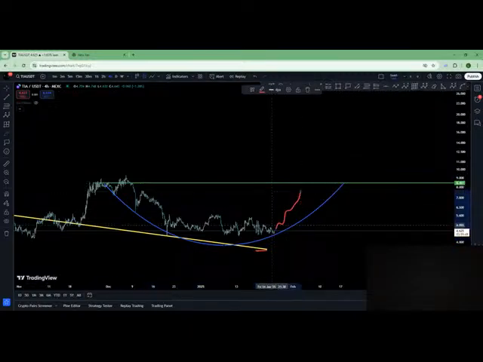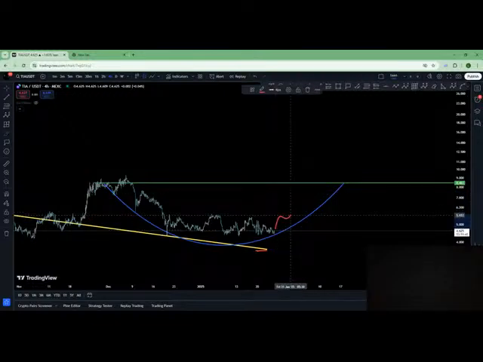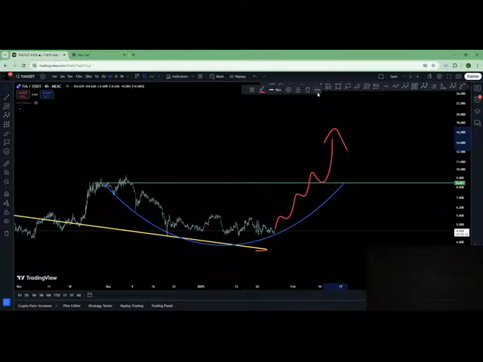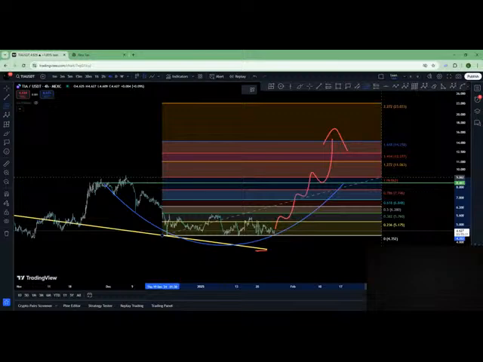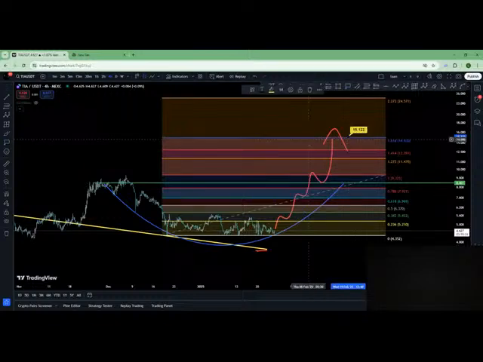If you go to the lower time frame, you see a pattern there. So if the market breaks this successfully, it could lead to a very big gain. Let's check how far this can go. It can go till 14, at least 15, in this bull cycle.